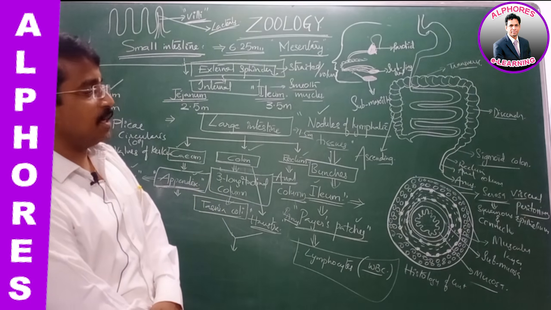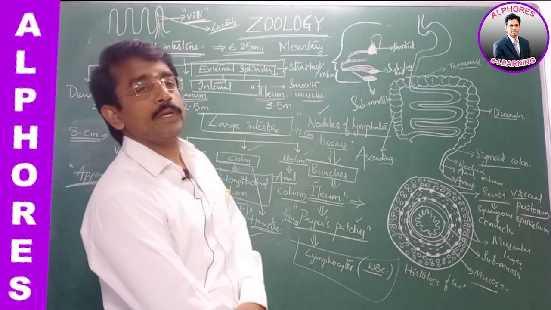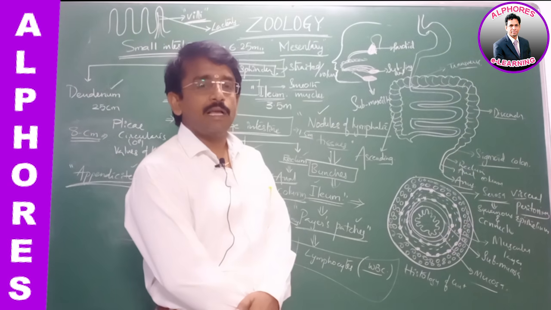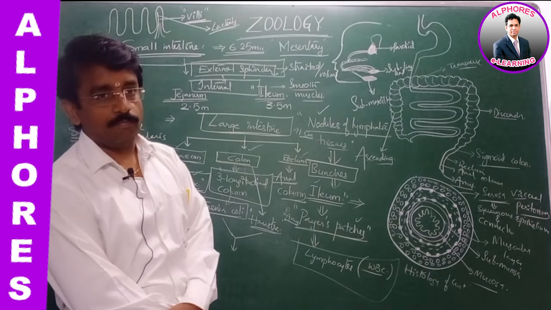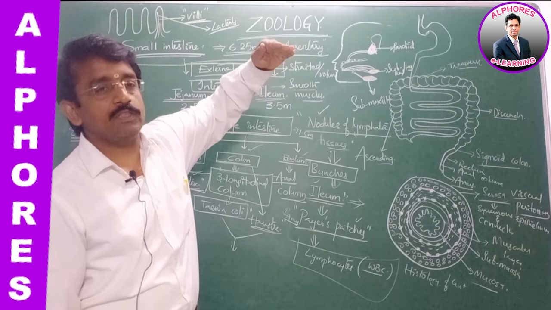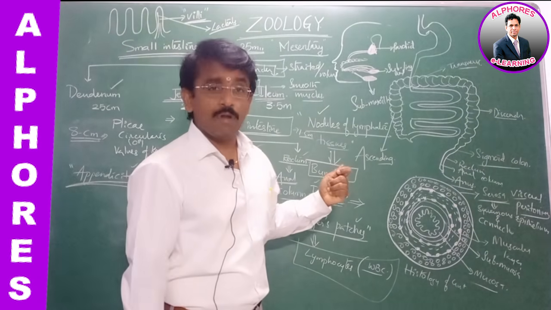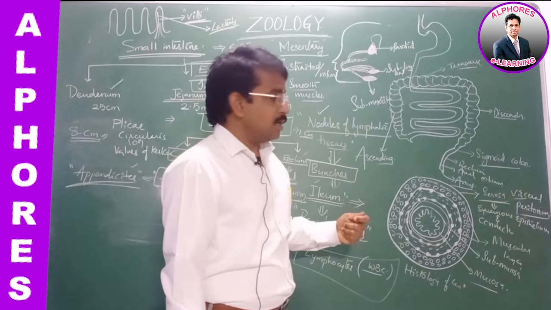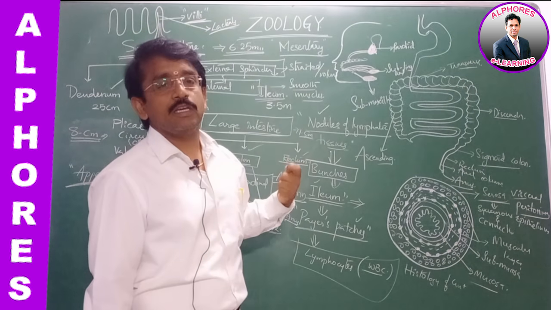If we go to the details, the serosa or visceral peritoneum is absent in the esophagus. The gut starts with the mouth and ends with the anus. So we have to observe how far these four layers are influencing the gut parts.